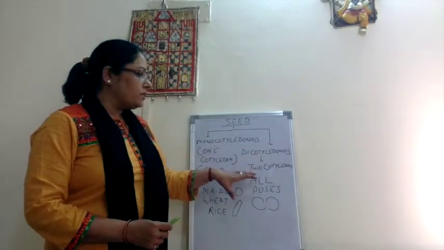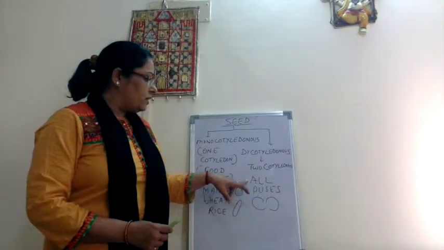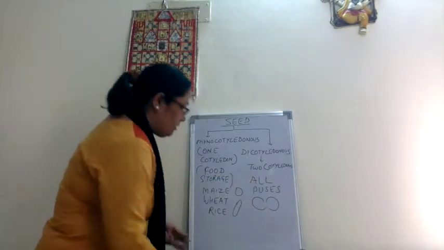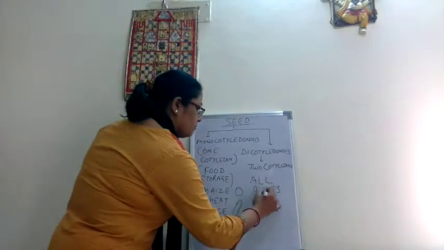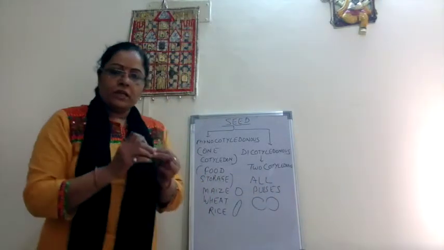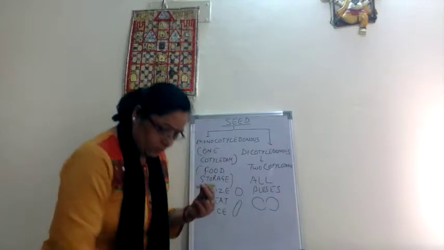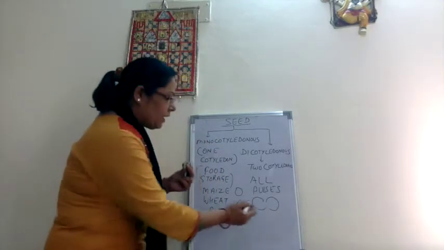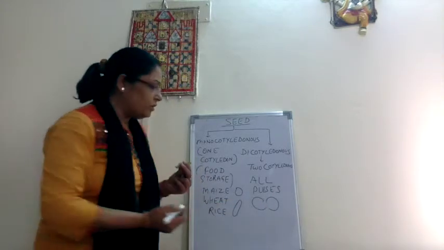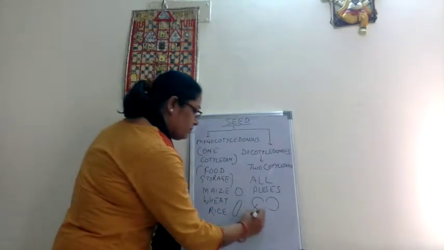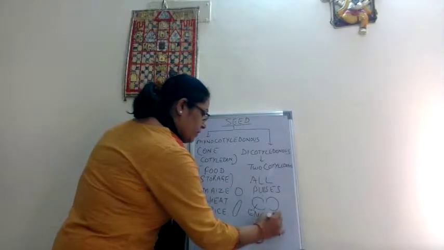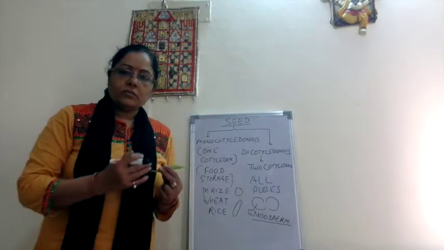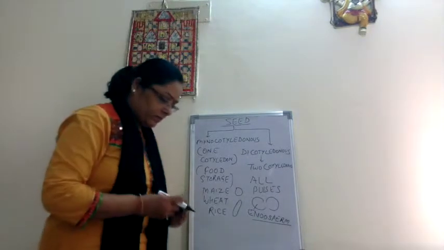And in dicotyledonous, there are two cotyledons, like in all pulses, like pea, gram, chana, and all pulses. They have two chambers which store food, and it's called endosperm. Seed may be endospermic or non-endospermic.